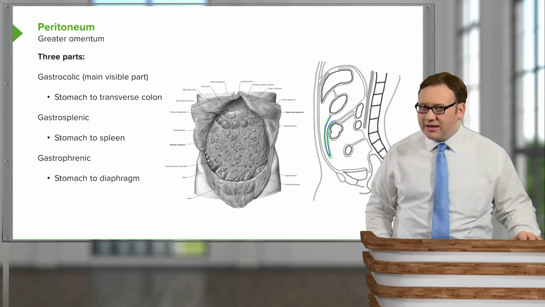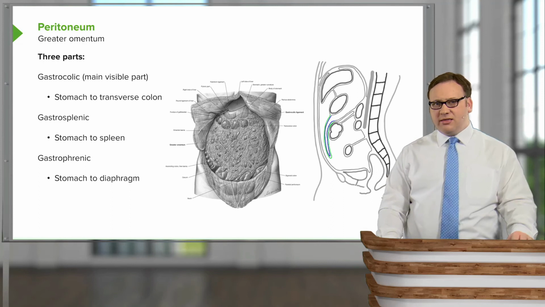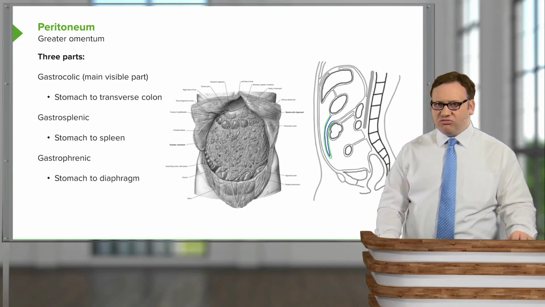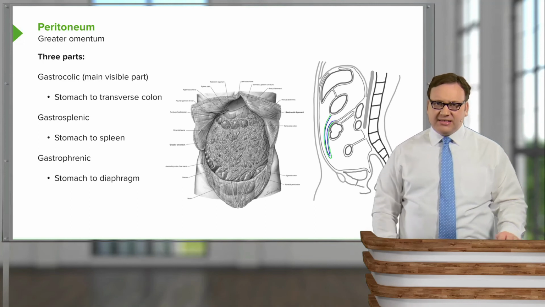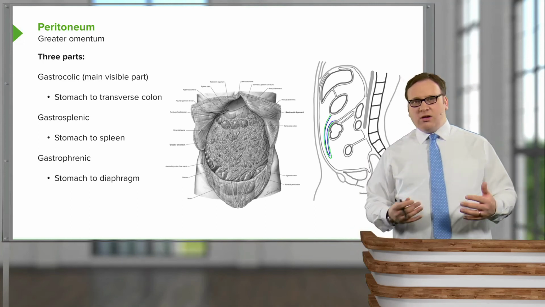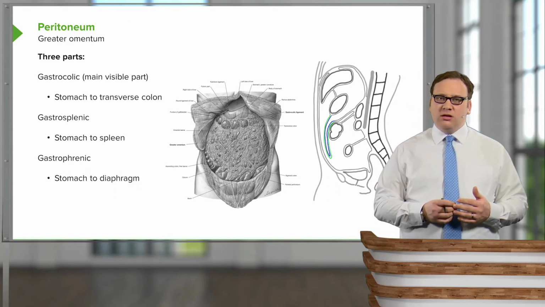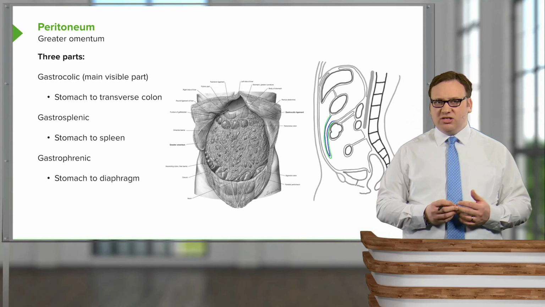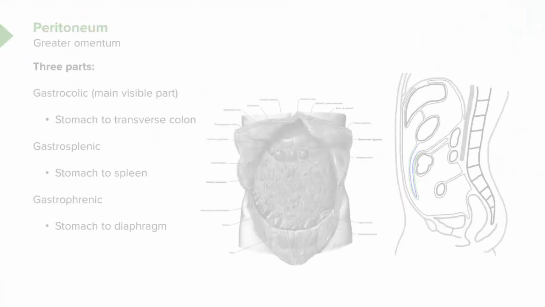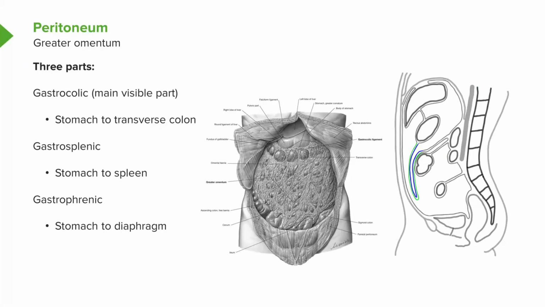The greater omentum, like the lesser omentum, can be split into three parts. Three peritoneal ligaments make up the greater omentum. And it's relatively straightforward. The ligament is named after the two organs that it runs between. So the gastrocolic ligament is running from the stomach to the transverse colon.